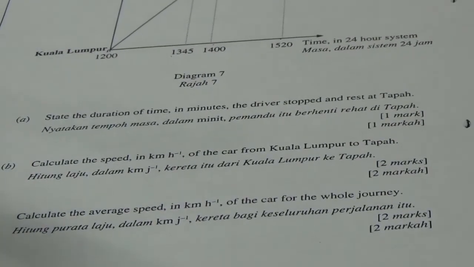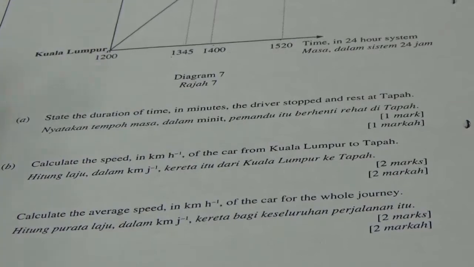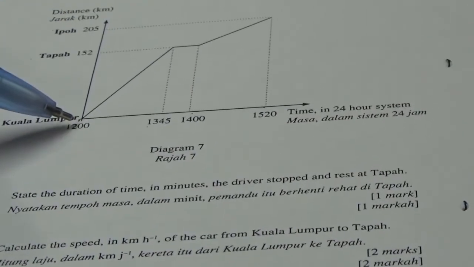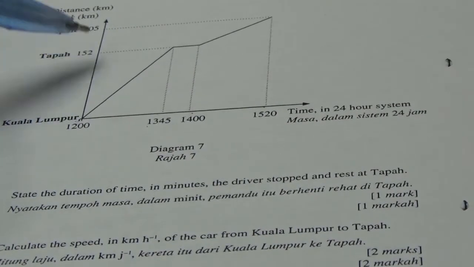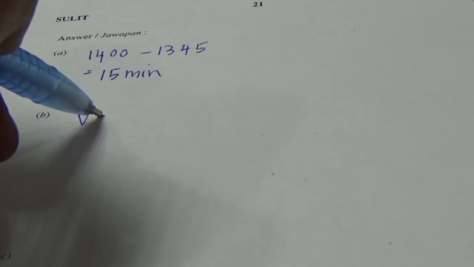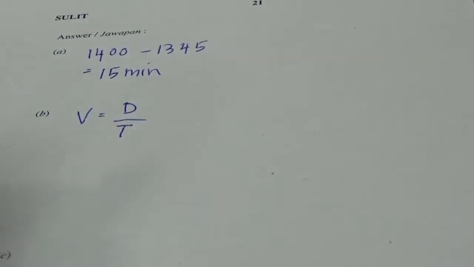Moving on, let's look at question B. Calculate the speed in kilometers per hour of the car from Kuala Lumpur to Tapah. That means from Kuala Lumpur to Tapah. So according to the formula, speed means distance divided by time.